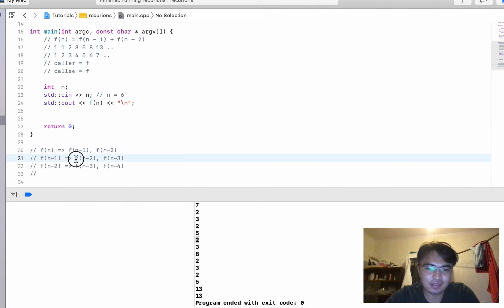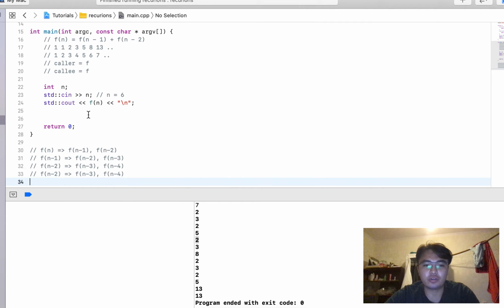And again, this is going to call the same functions again and again. So it's going to call a lot of functions many times.